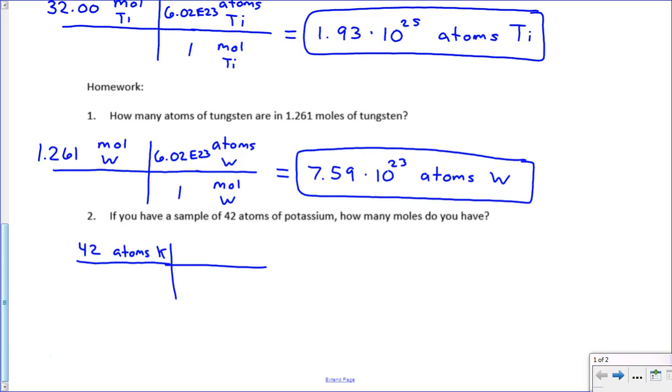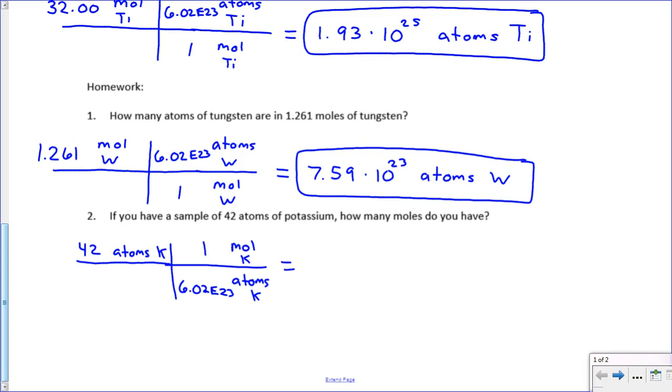All right, so we want to cancel out atoms of K to get moles of K. And so the 6.02 times 10 to the 23rd goes in the bottom in this case. So 6.02 E23 in 1 mole.